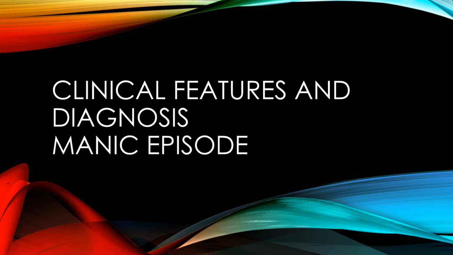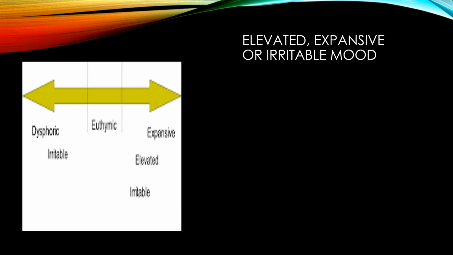How will you diagnose it? What are the clinical features which are seen? The most important clinical feature which should be present in all patients is a change in mood. It is a mood disorder, so obviously we need some change in the mood. The mood can be elevated, expansive, or irritable.